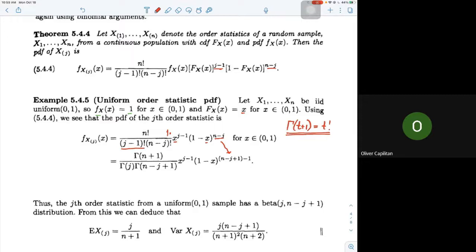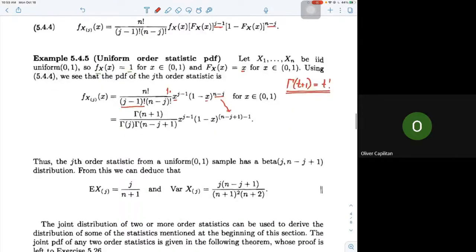Okay, notice now, this part is actually equal to 1 minus beta. So using the beta, our alpha there would be equal to j, okay?